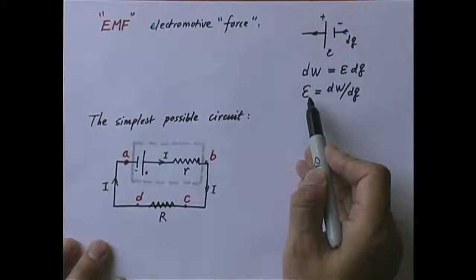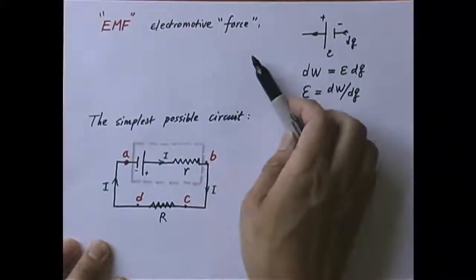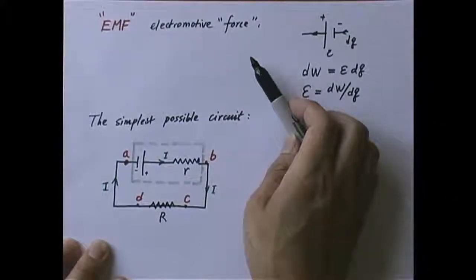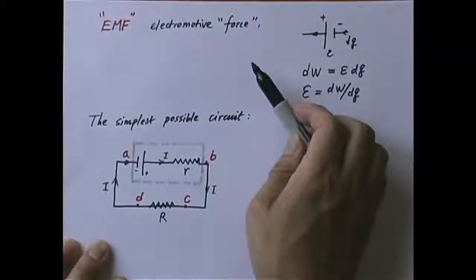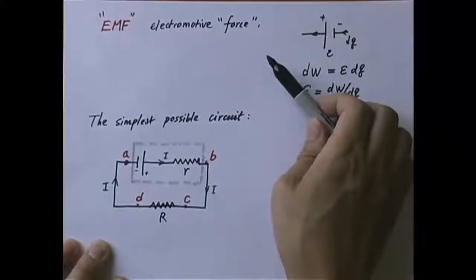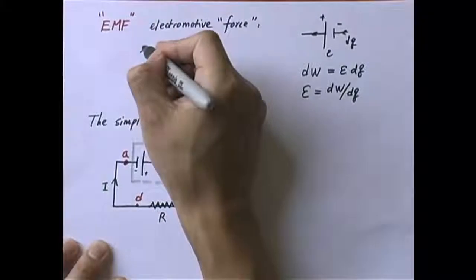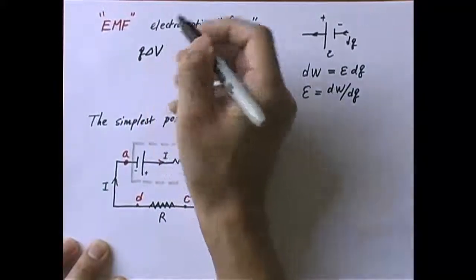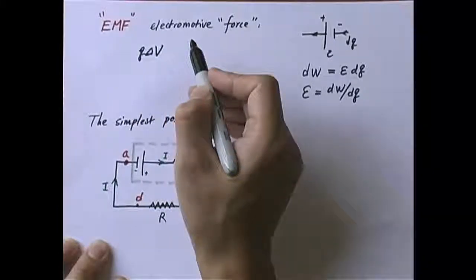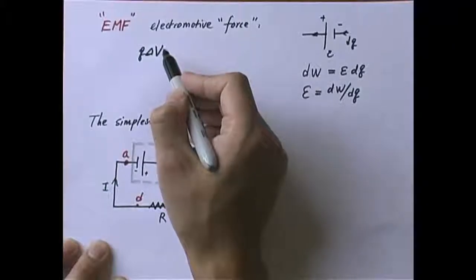By definition of potential difference, as you move a charge q over a potential difference delta V against the electric field, there is an increase in electrical potential energy for this amount of charge, and that requires some work to be done on that charge to increase its potential energy.